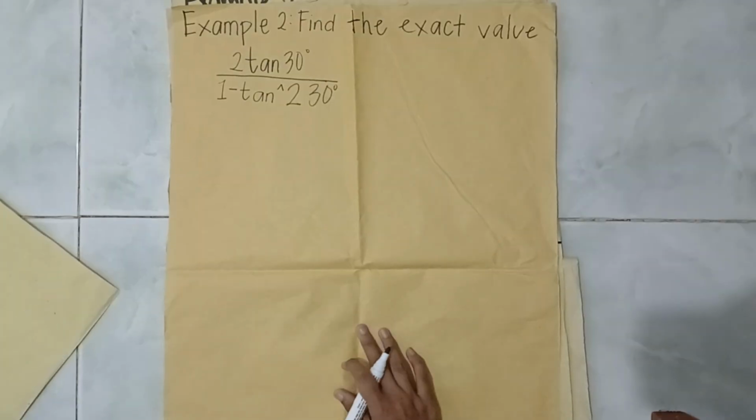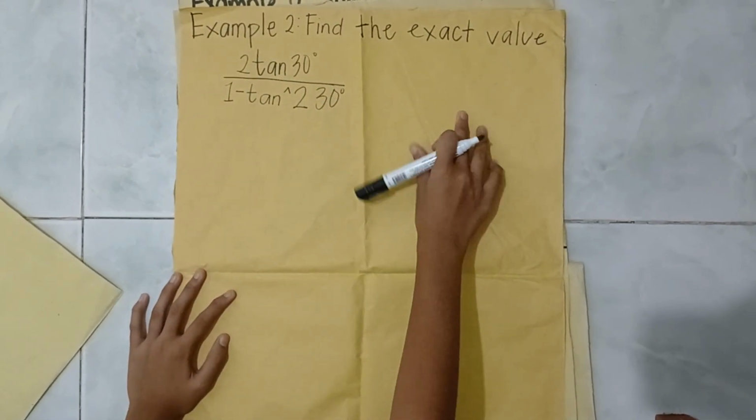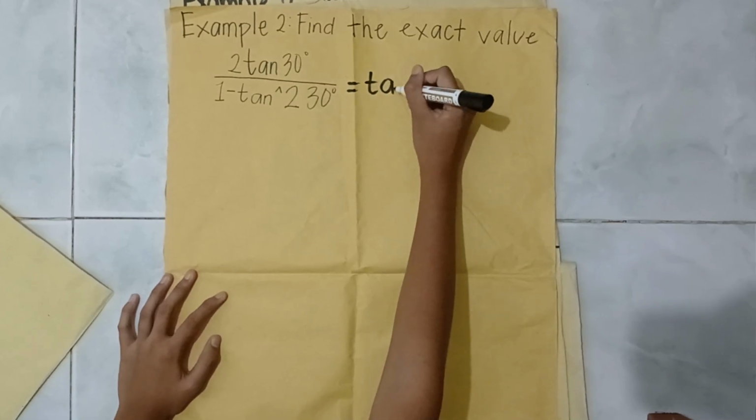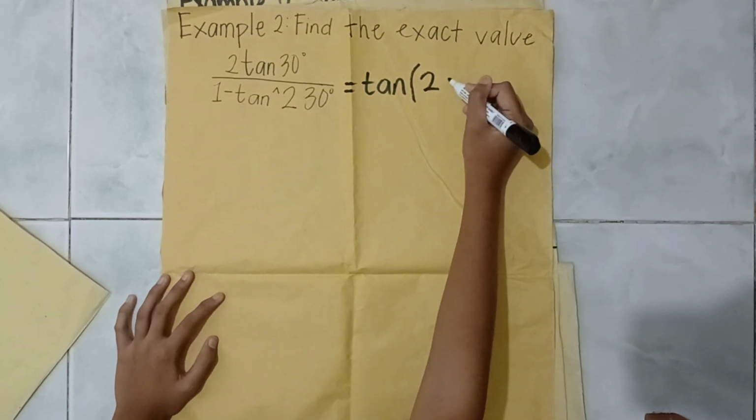Example number 2. Use the double angle formula for tangent to find an exact value. So we must find the exact value of this expression. The given expression here is the right side of the formula for tangent 2 theta, with theta equal to 30 degrees.